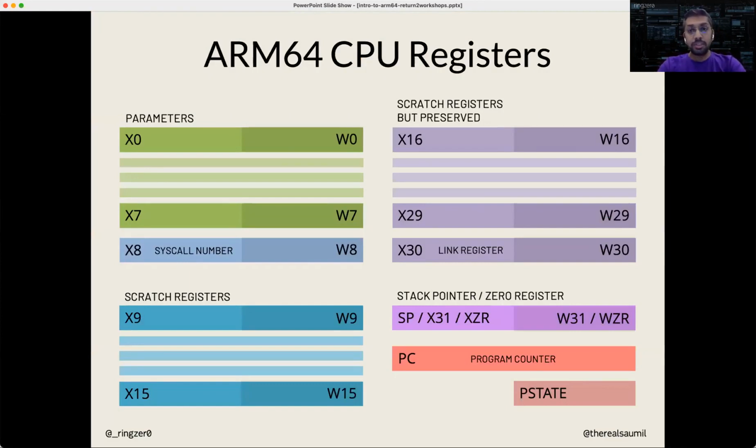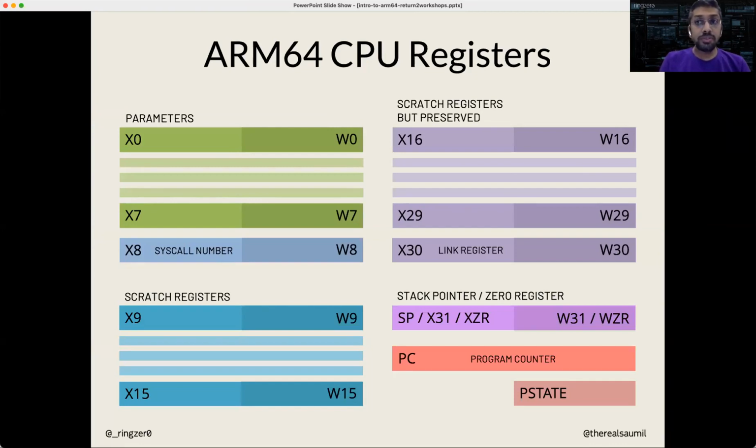Okay, let's talk about the registers. Now, there are a number of registers. The representation may seem confusing at first, so I'm going to demystify this. The registers are given labels X0 through X31.